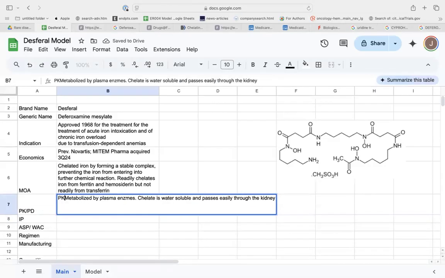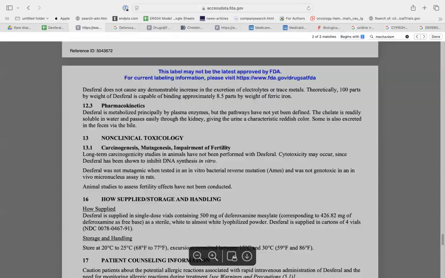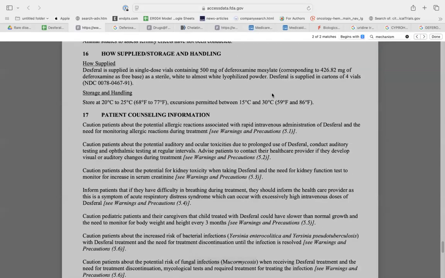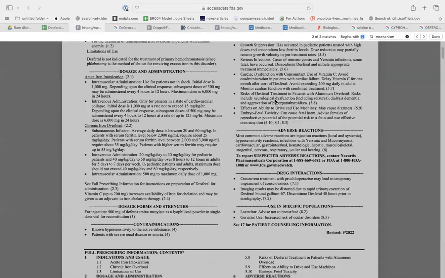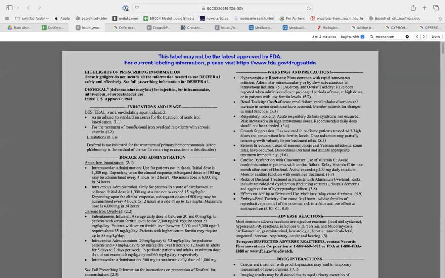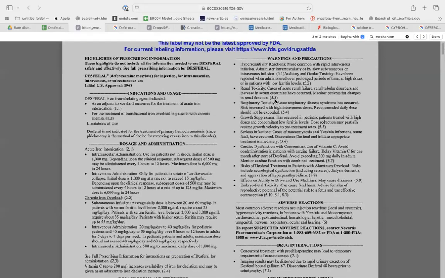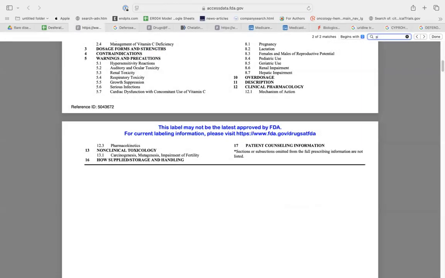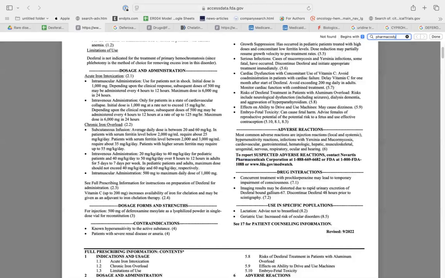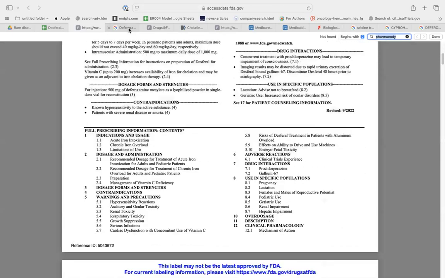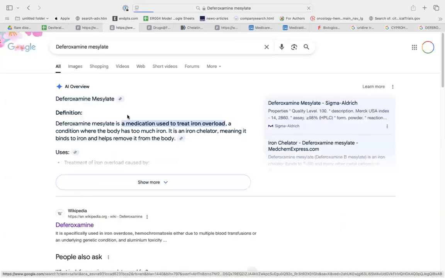So that's for the PK. Usually PKPD is more extensive on drug labels, but this might be because they didn't have to run extensive trials for deferoxamine, so they don't have any extensive data generated. Okay, no PD.